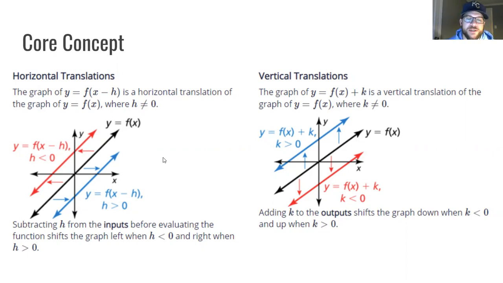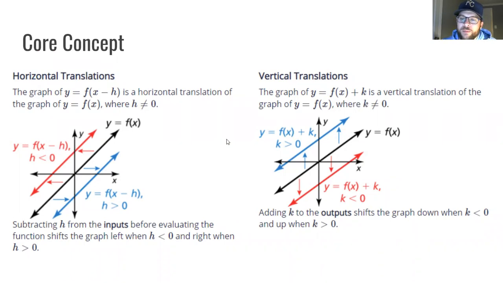With translations, it's a little bit more forgiving on the number because both vertical and horizontal translations are the same, because you're not changing the slope of the graph. But just start to get used to the idea of horizontal translations: your number is changing inside the parentheses, while for vertical translations, the number is outside of the parentheses.